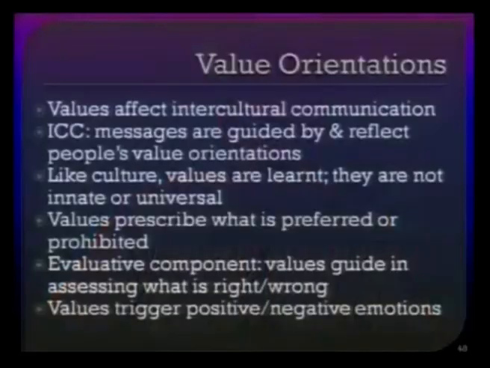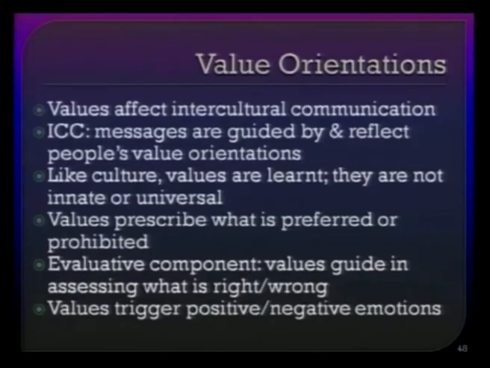This is the reason why a person from one culture will have one set of values and a person from another culture may have a different or opposite set of values. Values prescribe what is preferred or prohibited.